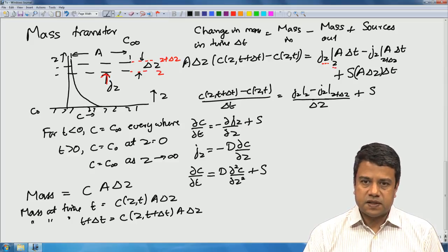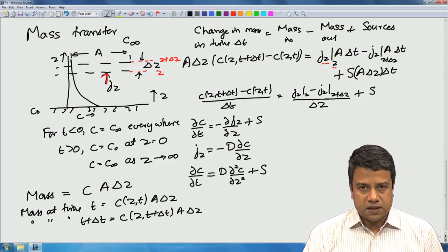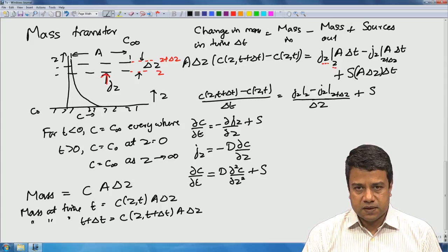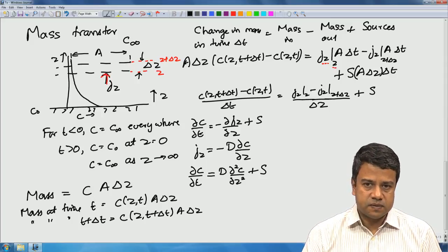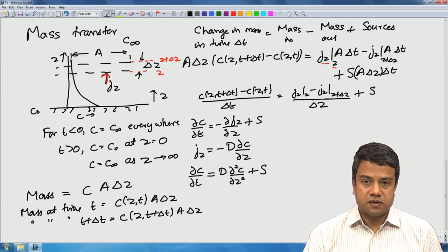You can see on the left side you have a first derivative of concentration with respect to time. On the right side you have a diffusion coefficient times the second derivative of the concentration field with respect to the z coordinate plus a source.